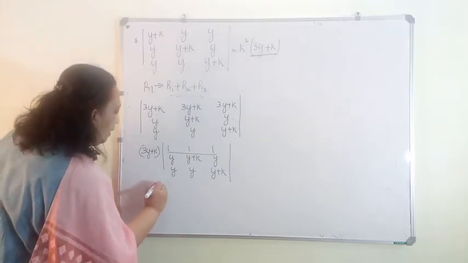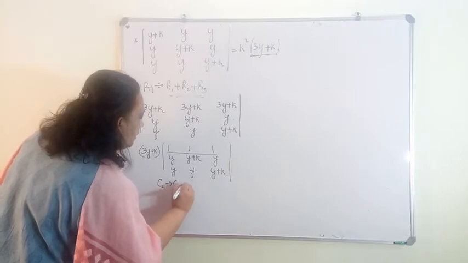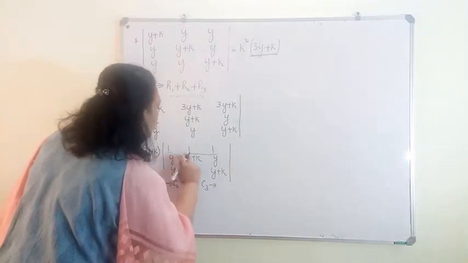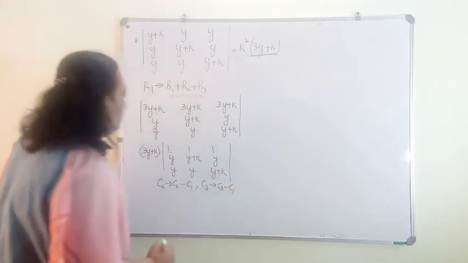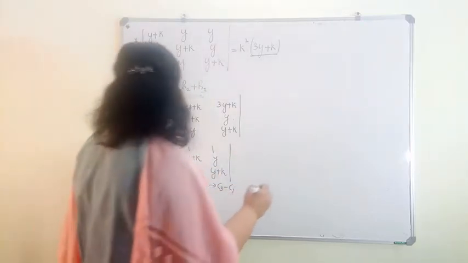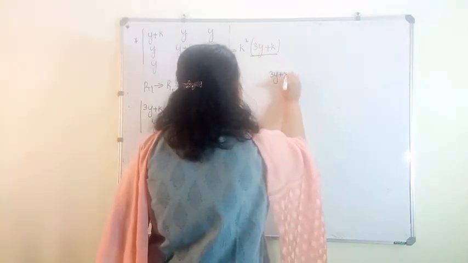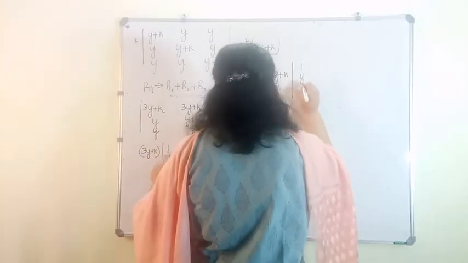So what is the property you are going to use? C2 is changed as C2 minus C1, C3 is changed as C3 minus C1, which is 3y plus k into determinant 1, y.